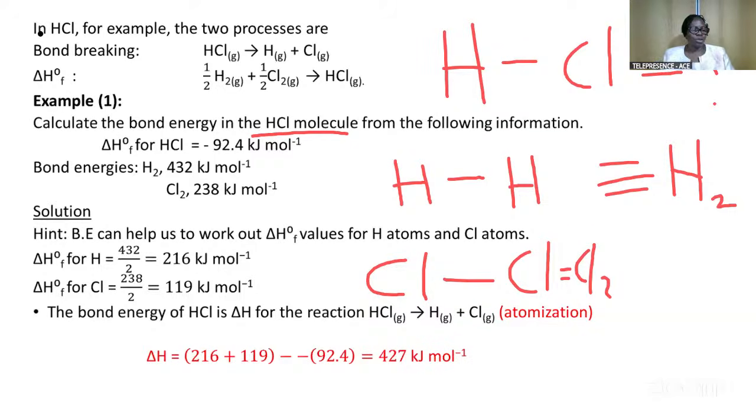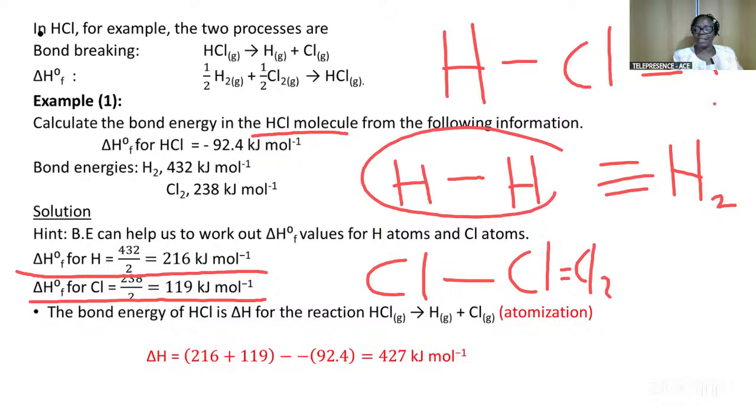So I showed you the solution that you can use bond energy to work out delta H of formation, the standard enthalpy of formation values for hydrogen atoms and Cl atoms. So you see, this is how we worked that out yesterday. And then for Cl, we worked it out because we already know the amount of energy that is in this bond.